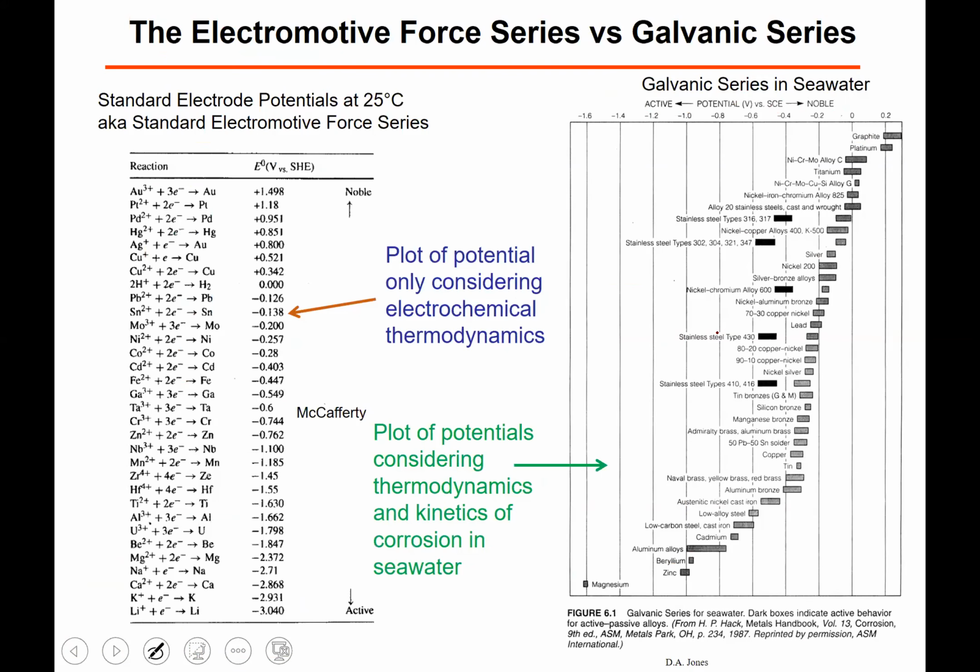So here, if your ship is mostly steel parts, what people tend to do is they'll put zinc on the hull, the bottom of the ship. Because it's the more active material relative to steel, that's where your sacrificial anode is going to be. And so zinc is going to basically be corroded.